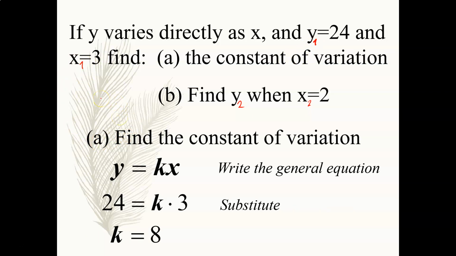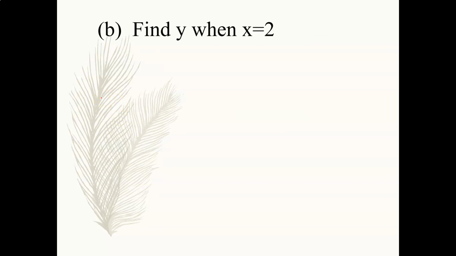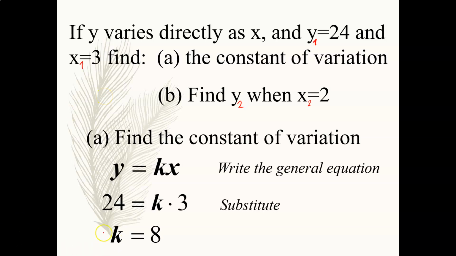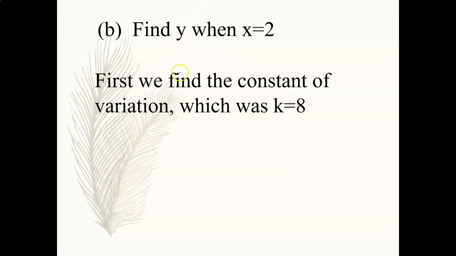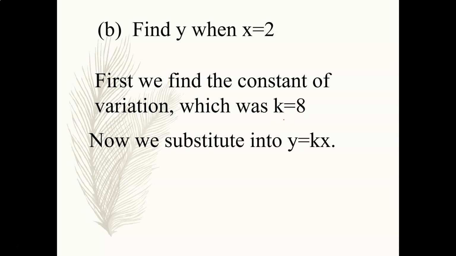Then after that, we're going to find the value of y when x is equal to 2. We already solved the value of k, which is equal to positive 8. So you're going to substitute only the values of k and x so that you can solve for the value of y. First we find the constant of variation, which was k equals 8, and then we substitute into y equals kx.